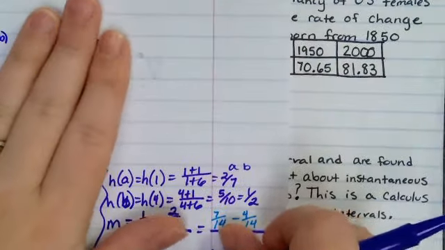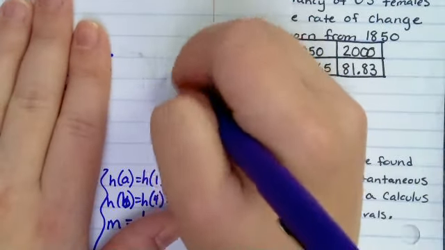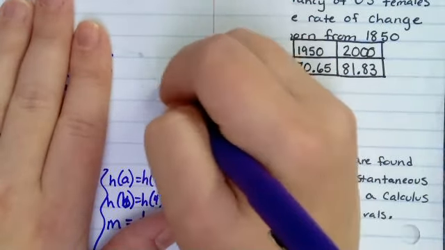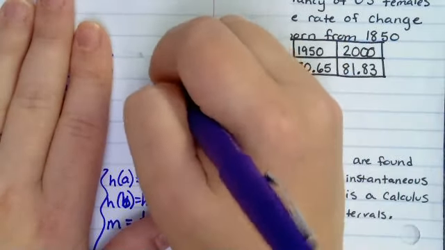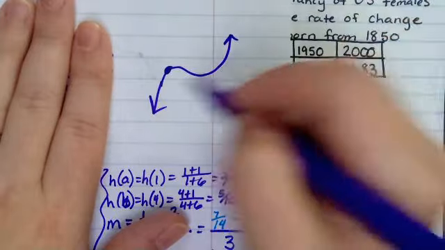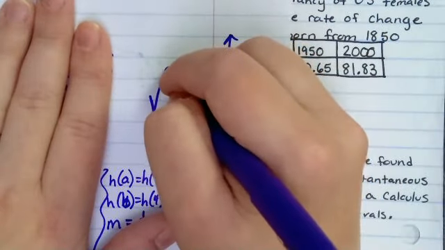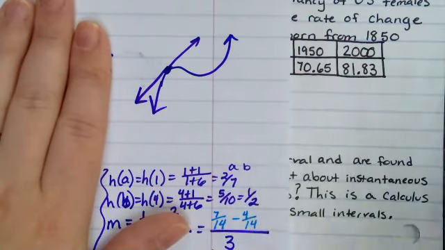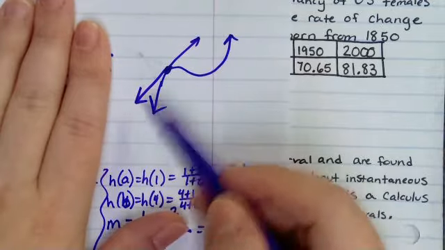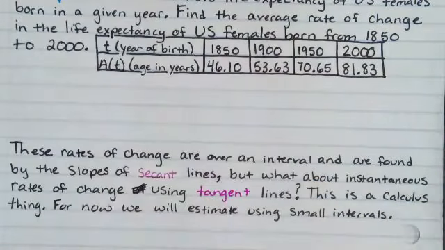What I mean by tangent lines is, what if I was looking at a graph like this and I wanted to know what is the rate of change at this one particular point? It wouldn't be going through any others. I'm only looking at the slope of that tangent line. Now, that's a calculus thing. This is something you're going to study in calculus, is how to get the slope of that tangent line.